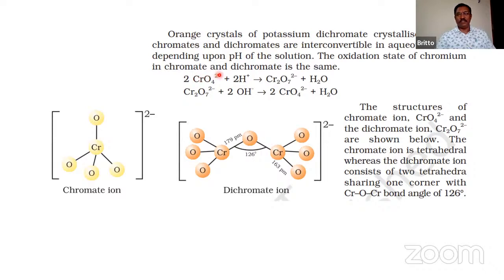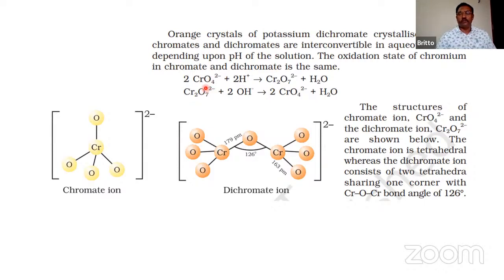If it is acidic மாறிச்சு அப்படின்னா it will be converted into dichromate மாறிடும். அதே போல dichromate ion Cr2O7 2- in basic mediumல it will be converted into chromate CrO4 2- மாறிடும். So dichromate is stable in acidic medium. Remember that one. Chromate is stable in basic medium. Dichromate is stable in acidic medium because chromate in acidic mediumல converted to dichromate மாறிடும்.